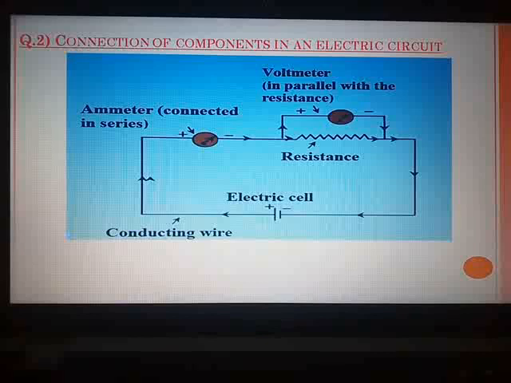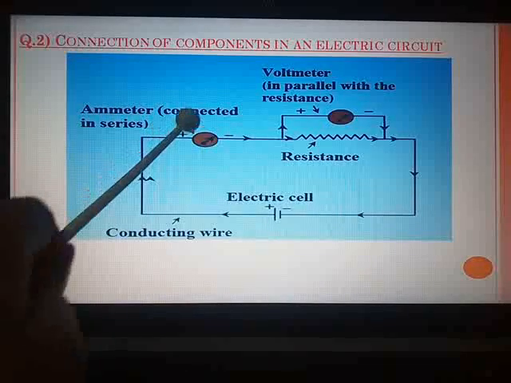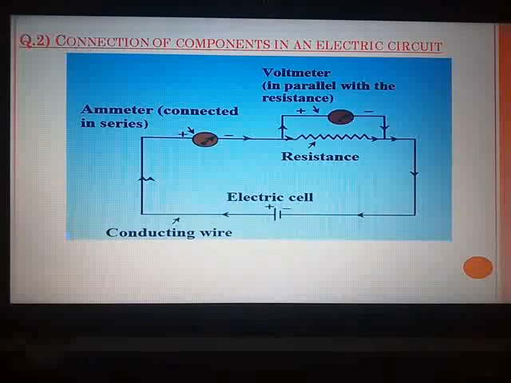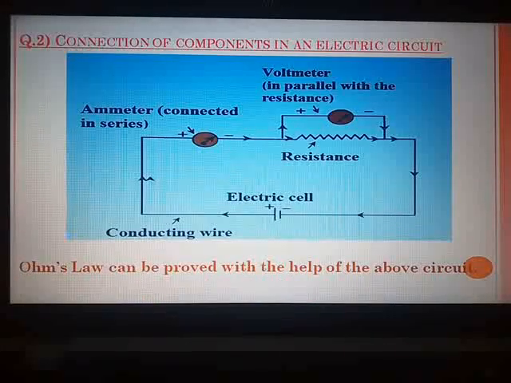It is the same circuit diagram, but they have given blank empty spaces, so you have to fill in the symbols and complete the circuit. Below the circuit diagram, they have asked: Which law can you prove with the help of the above circuit? You can prove Ohm's law with the help of the above circuit.